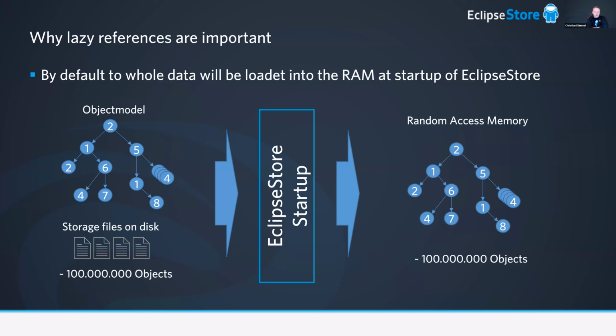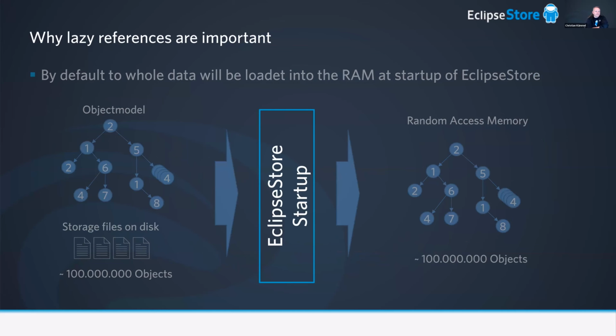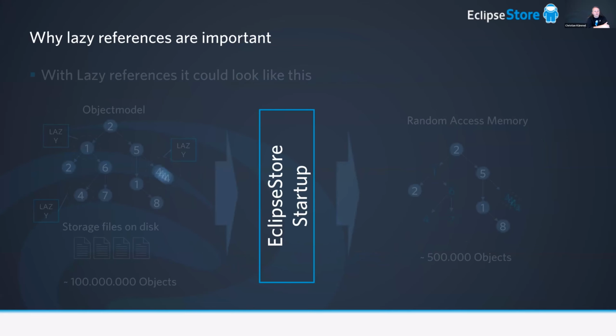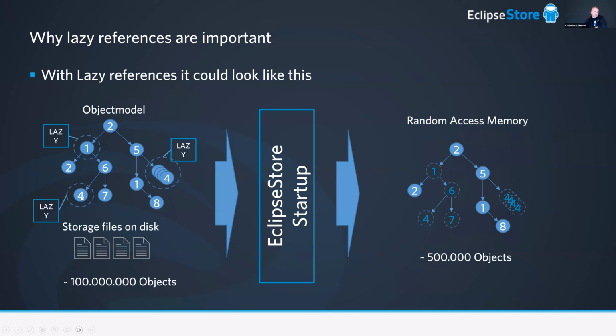But when we set some lazy points, let's say on 1 and 4, then you will only get this data. Also, the 2 here will not be loaded, because the 1 here is lazy, and everything below that point stays on the hard disk and is only loaded when we access the lazy object with the get method.